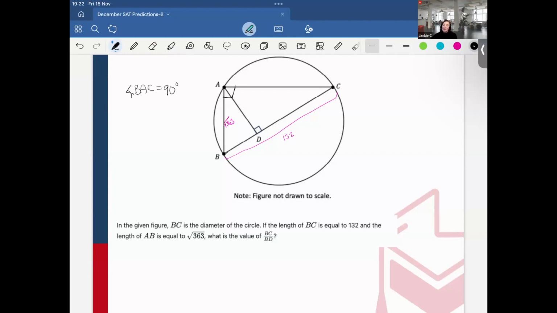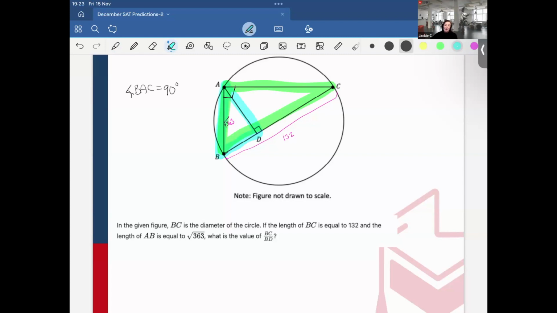Alrighty, so then I know that triangle ABC is a right triangle, right? And looking, we can see that this triangle is a right triangle. And then I also have another triangle, ADB, so this triangle here. It's 90 degrees.